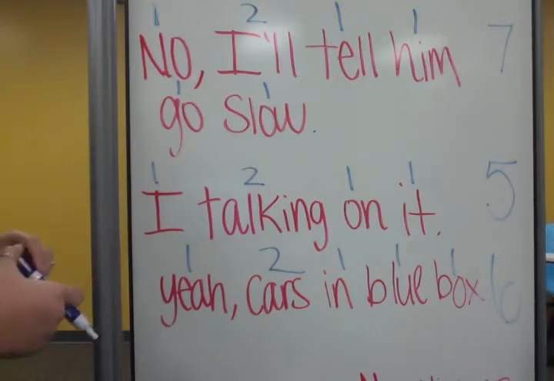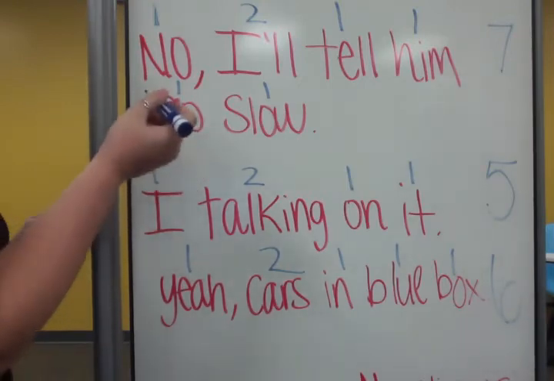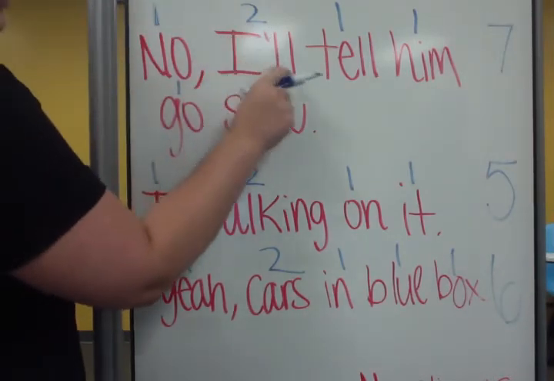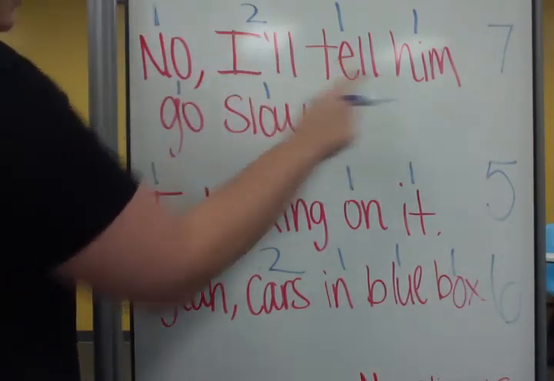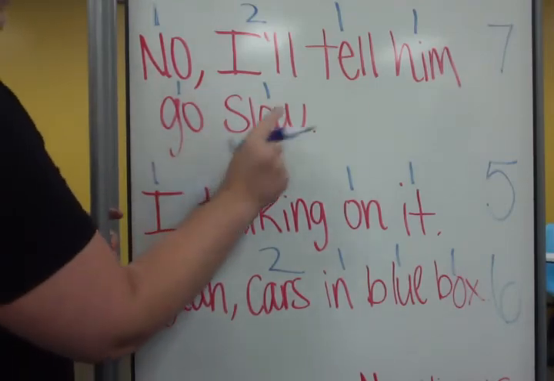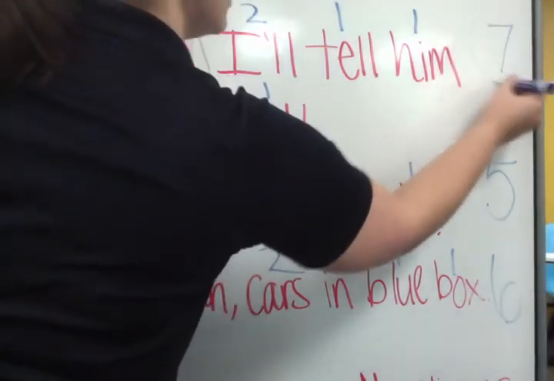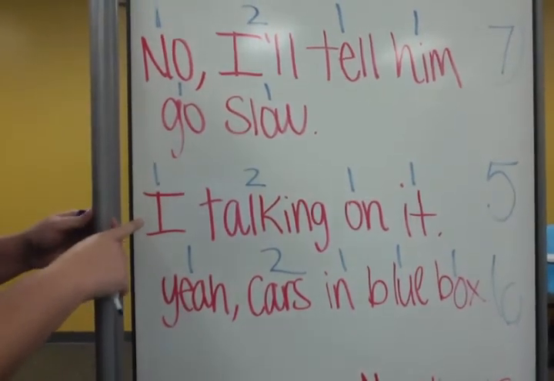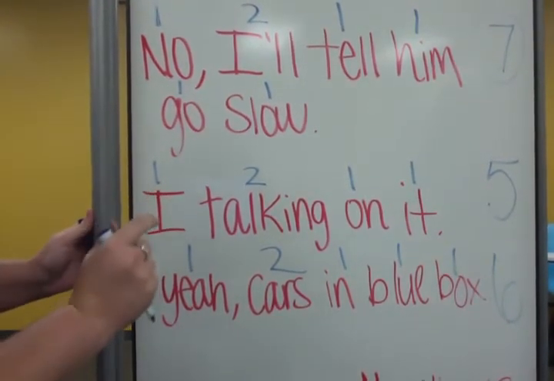So the first one was, no, I'll tell him go slow. Counting the number of morphemes, we have 1, 2 for the contraction, 1, 1, 1, and 1, for a total of 7 in that utterance. And then the next utterance, I talking on it.